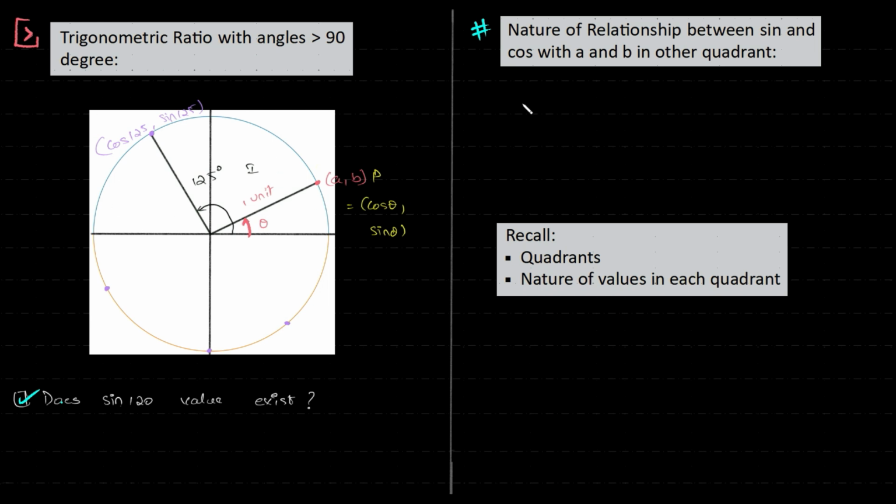The nature of relationship, A and B in all points P, A and B in all quadrants, can be found using sine of theta, comma, cos of theta.